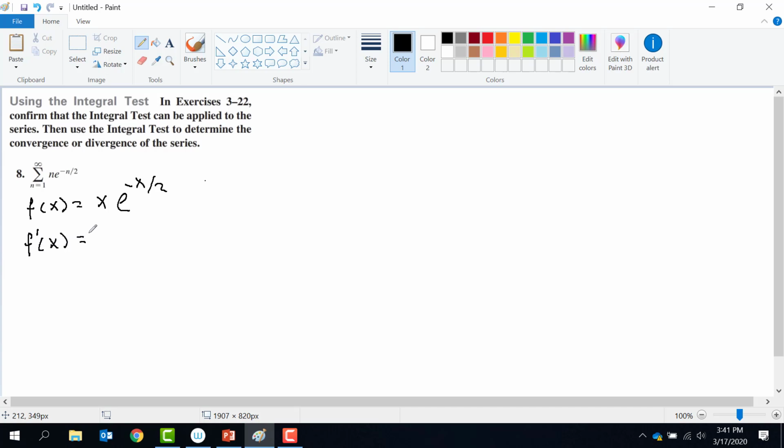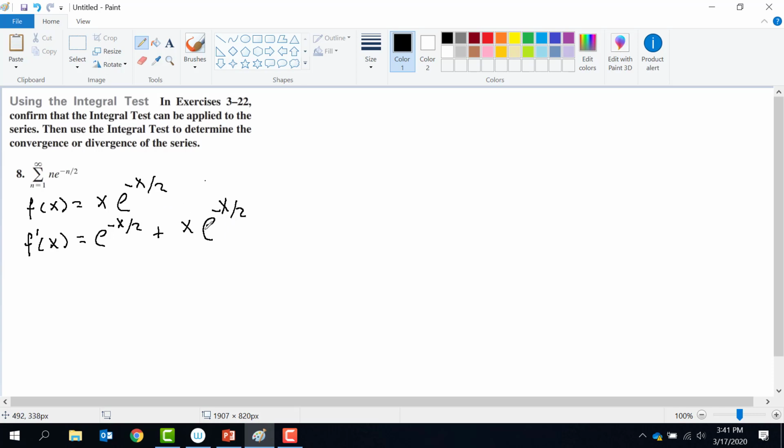F prime of x is equal to, this is a product, so we have to apply the product rule. The derivative of the first factor is 1. The second factor gets left alone, so you get e to the negative x over 2. And then plus, leave the x alone, and then multiply by the derivative of the second factor. And so you get e to the negative x over 2. This is a composition, so we use the chain rule.